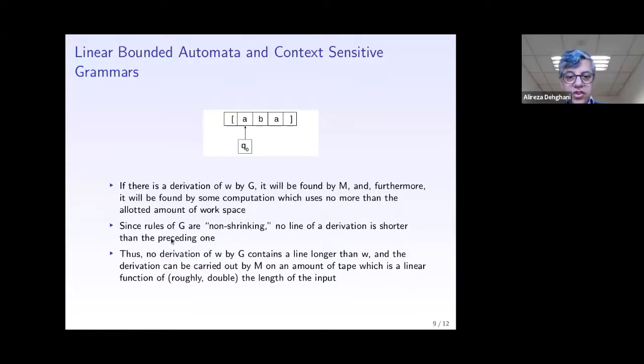Since rules of G are non-shrinking, no line of derivation is shorter than the preceding one. Thus, no derivation of W by G contains a line longer than W, and the derivation can be carried out by M on an amount of tape which is a linear function of the length of the input.